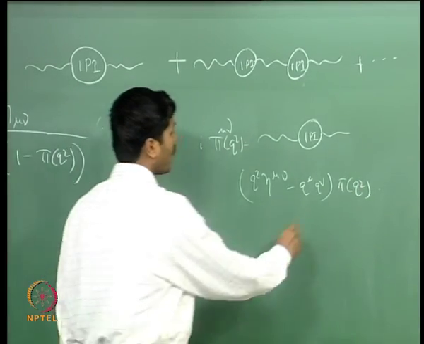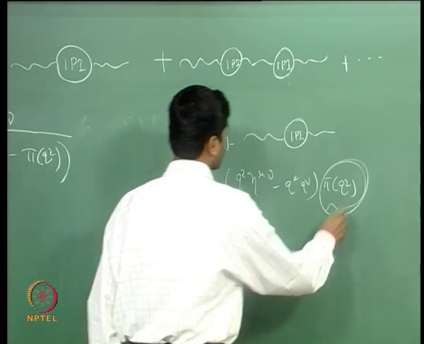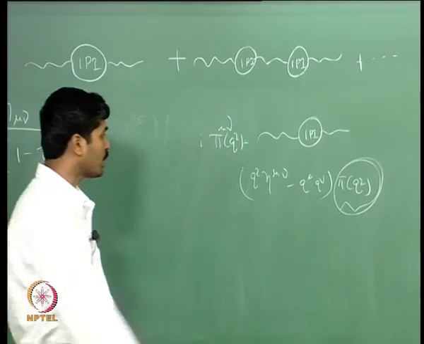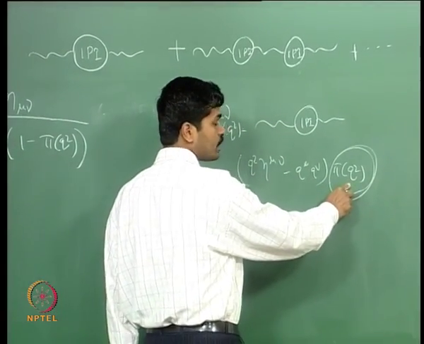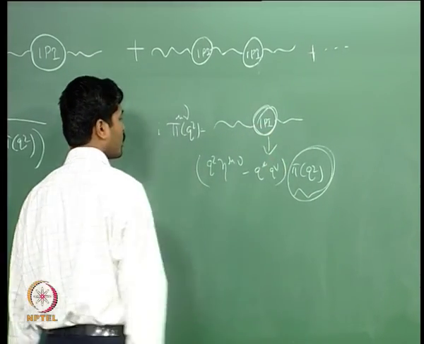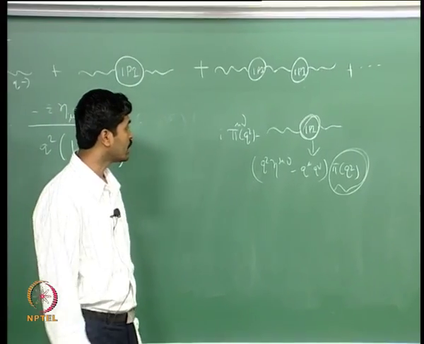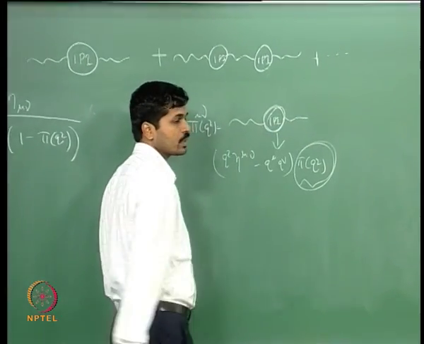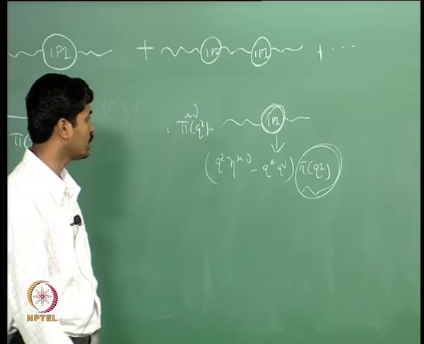Therefore, because of this fact, this pi of q square is going to remain finite. If I just consider the contribution from this diagram, it does not have any massless propagator here.